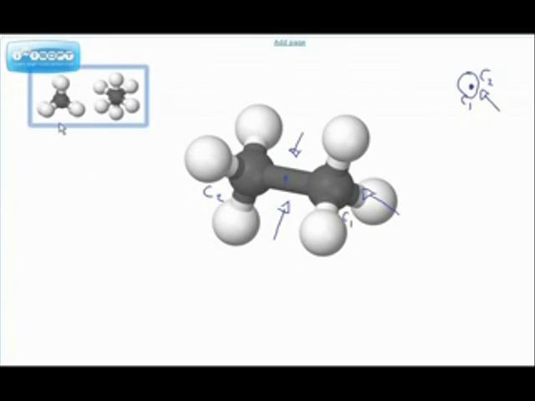In each of these cases, here on the eclipse conformation and here on the anti-conformation, we are looking at carbon number 1, and here's carbon number 1's hydrogens, 1, 2, 3, and carbon number 2 is directly behind it, and here's carbon number 2's hydrogens, 1, 2, 3.